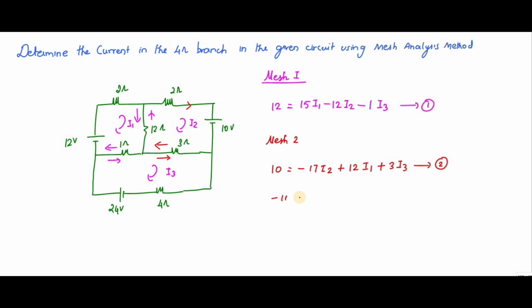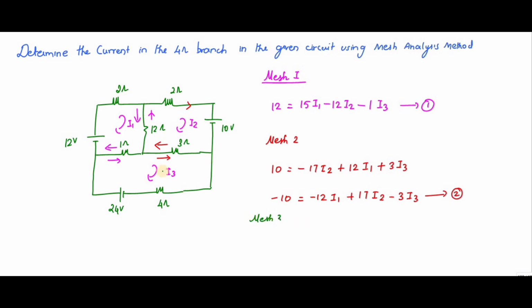This is my second equation. I can rewrite it as minus 10 is equal to minus 12 I1 plus 17 I2 minus 3 I3. You can take either this one or this one, both are the same.